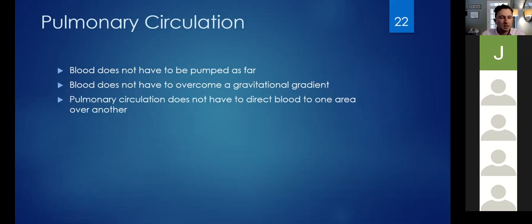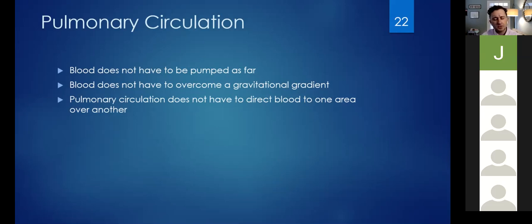The other thing that's a little bit unique about the pulmonary circulation as well is that it does not have to direct blood from one area to another. And so what this is referring to is, if you've eaten a big meal, the left side of the circulation is going to direct a lot more blood flow to your gut. Or if you're exercising, the left side of the heart is going to direct a lot more blood flow to your muscles.